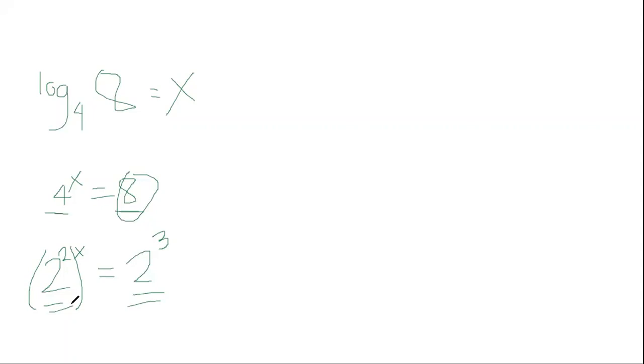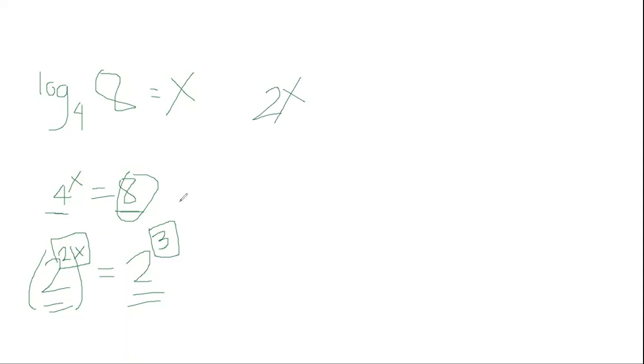Okay, since they are both base 2, we can focus on the exponents. So since you have 2 and x here, by the rule of exponents, the multiplication of exponents, we can express that as 2x.